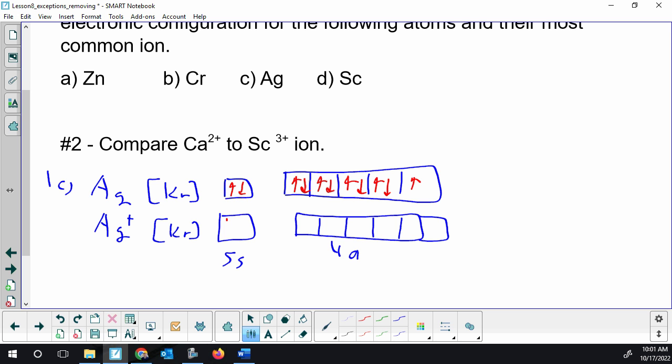The largest principal quantum number is 5, so I'm going to take away one of those 5s electrons. So we're only going to have 1 left in 5s, and I have not touched the d's. Now, there are some other exceptions in filling. We're not going into those, so this is what we would expect using our normal fill rules.